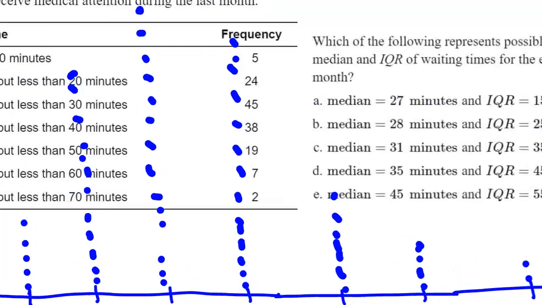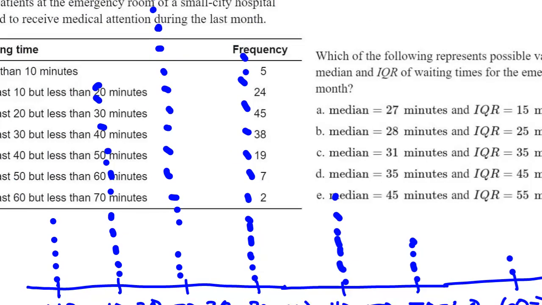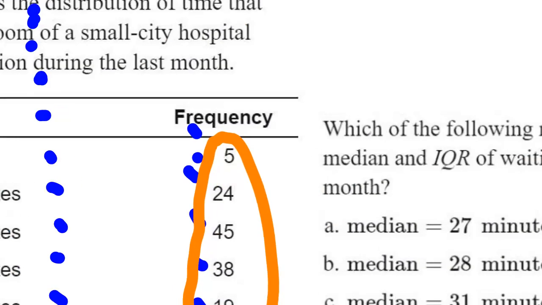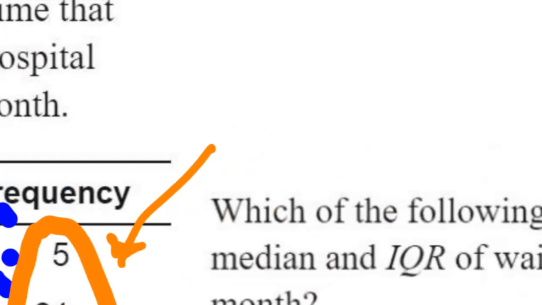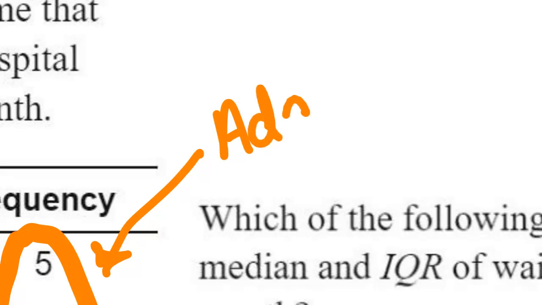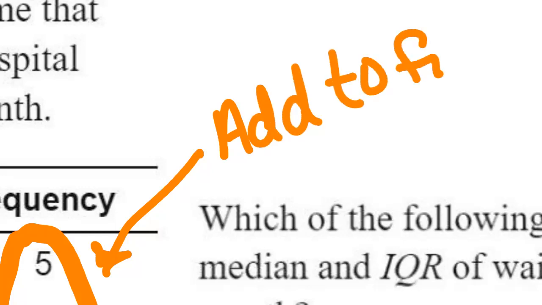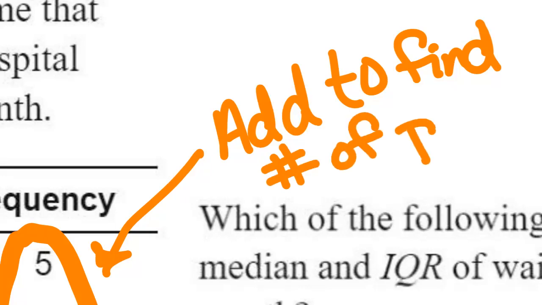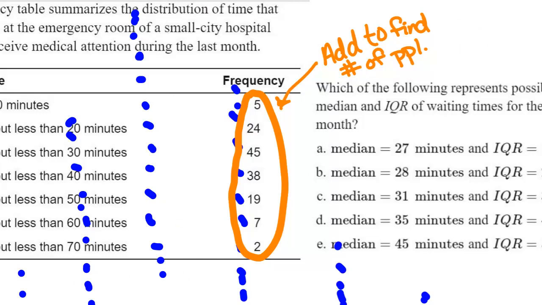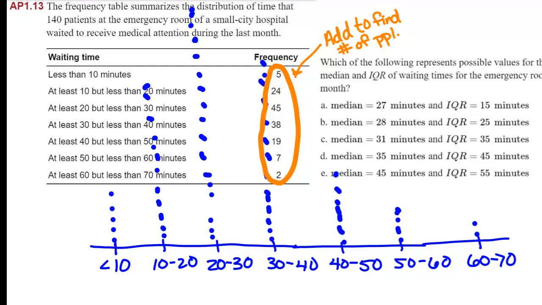What I can do, though, is see how many people they're talking about here. So looking at this, I'm going to add those to find total number of people. All right, so let's do that real quick.